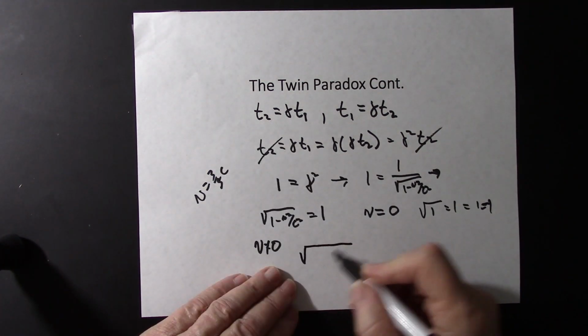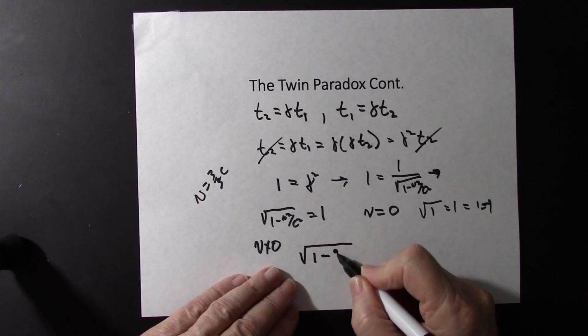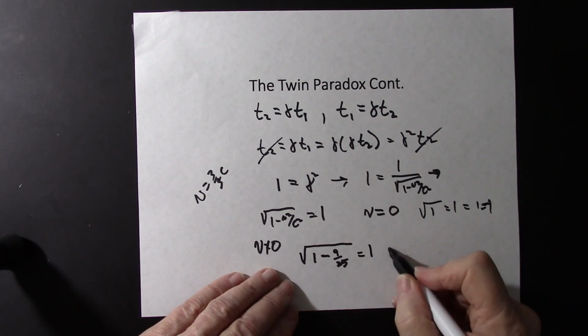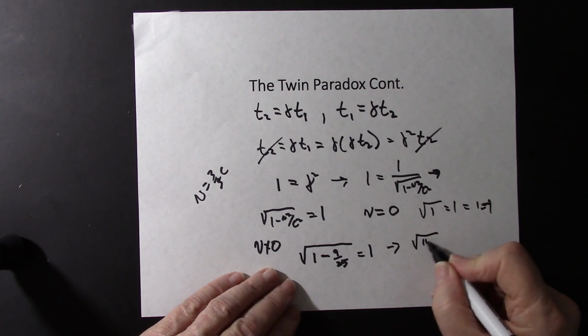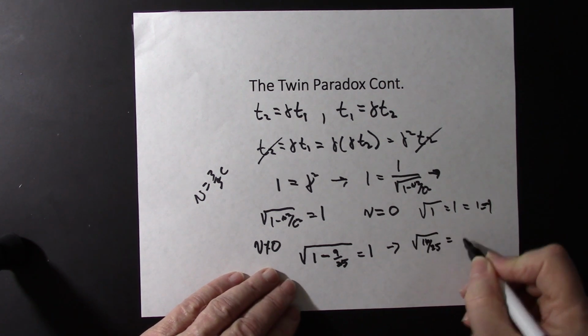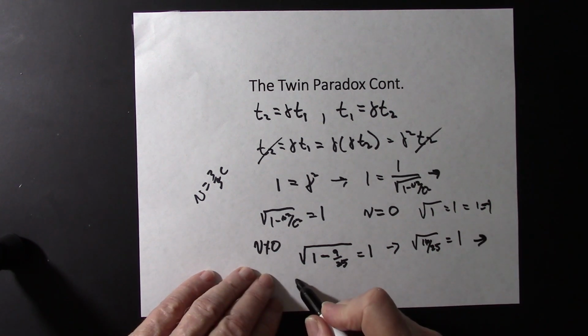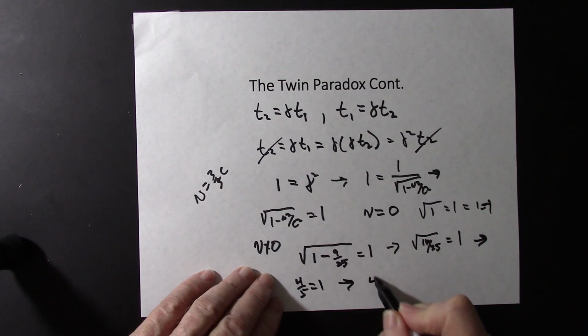That would be 1 minus 9/25 equals 1. Well, that would imply that the square root of 16 over 25 would be equal to 1. Well, that would imply 4/5 is equal to 1, or that 4 is equal to 5.